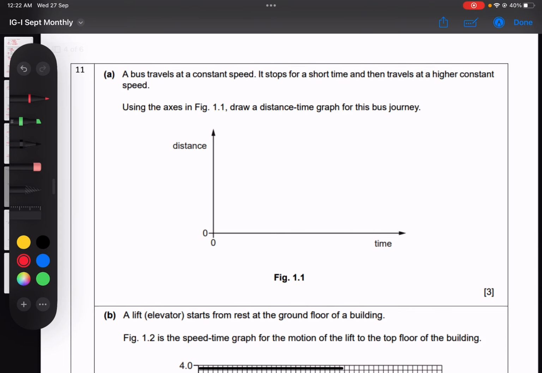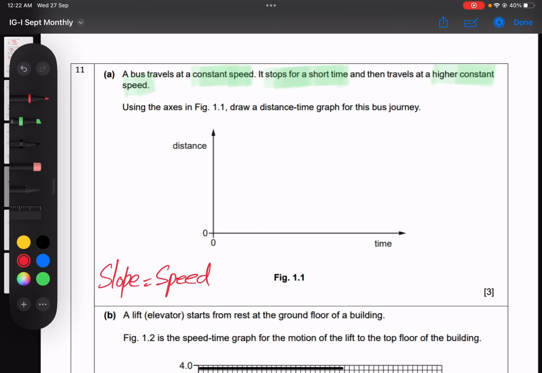Question 11. A bus travels at a constant speed. It stops for a short time and then travels at a higher speed. Draw a distance time graph for the journey. There are three conditions: first, it's traveling with a constant speed; then it stops for a short time interval; then it travels at a higher constant speed. It's a distance time graph, so slope is equal to speed.